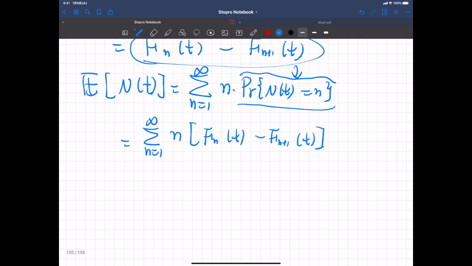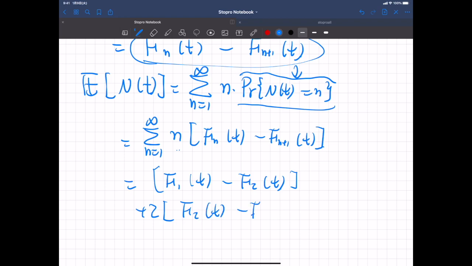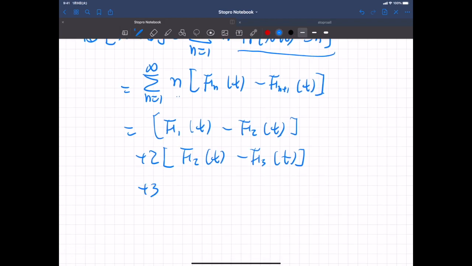If we expand this, starting from n equal to 1, we have F1 minus F2. So that's the first term. And the second term, we have 2 here, and F2 minus F3. And we have 3 and F3 minus F4 and so on.